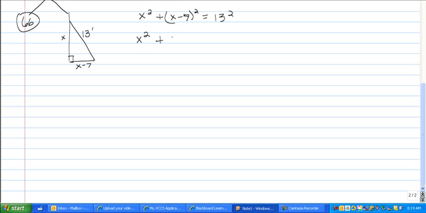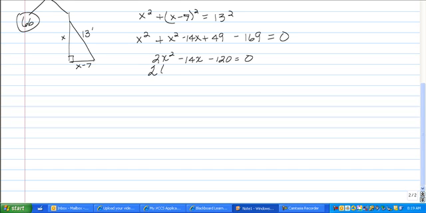So if we square x minus 7, and 13 squared is 169, I'm going to just go ahead and move it over. So we have 2x squared minus 14x minus 120 equals 0.